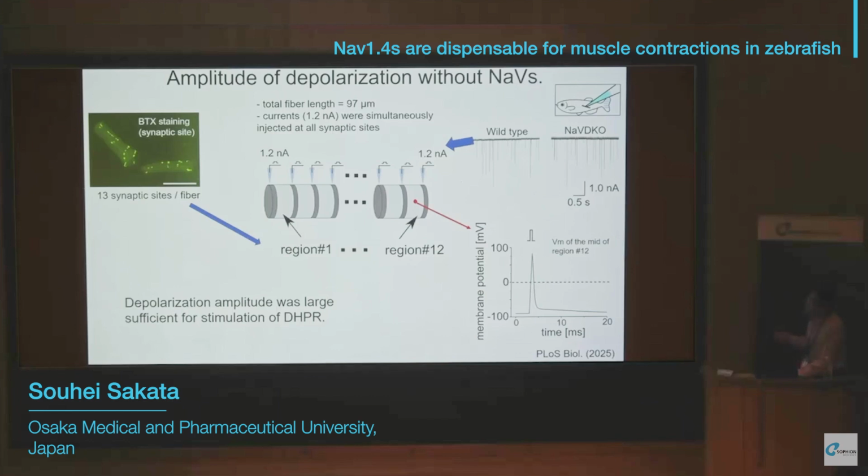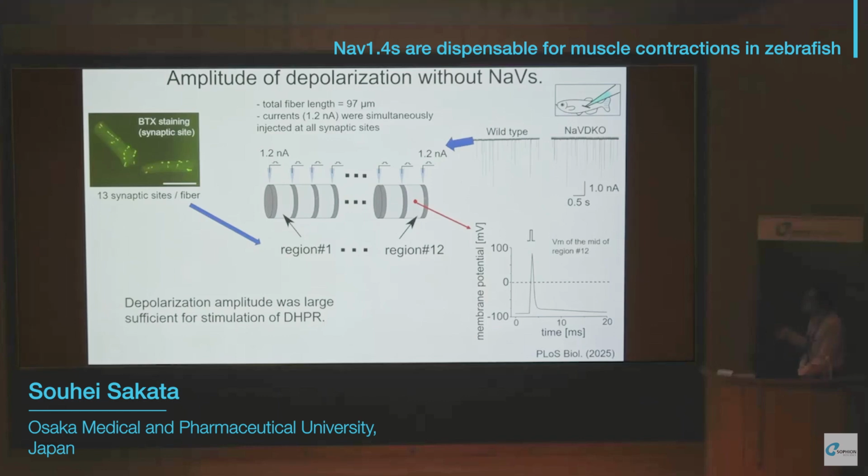We found 13 synaptic sites, and we inserted this cylinder shown in gray. As shown here, the distribution pattern of the synaptic sites is not uniform among fibers, so I incorporated this gray area at equal intervals.